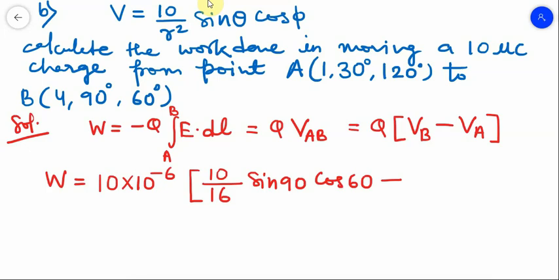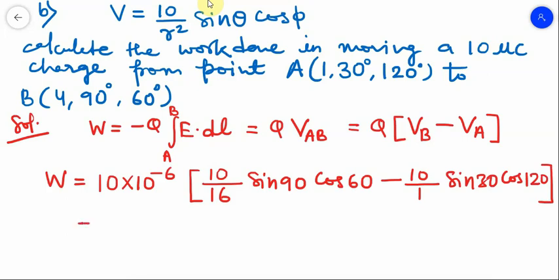For VA we will have to consider the coordinates of point A. So 10 upon R square, that is 10 upon 1 square, which is 1, and then sin theta, that is sin 30, and then cos phi, so cos 120. Now we can solve it very easily.